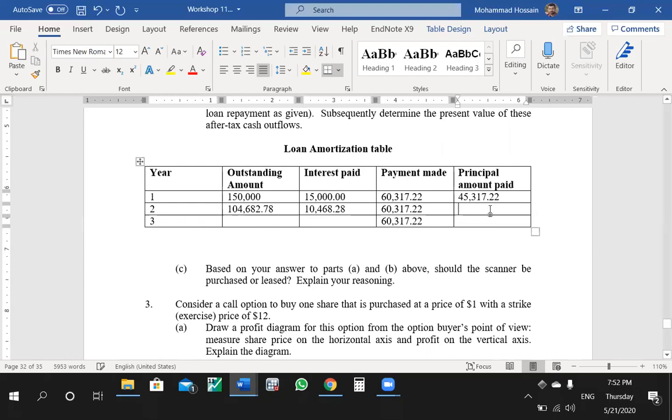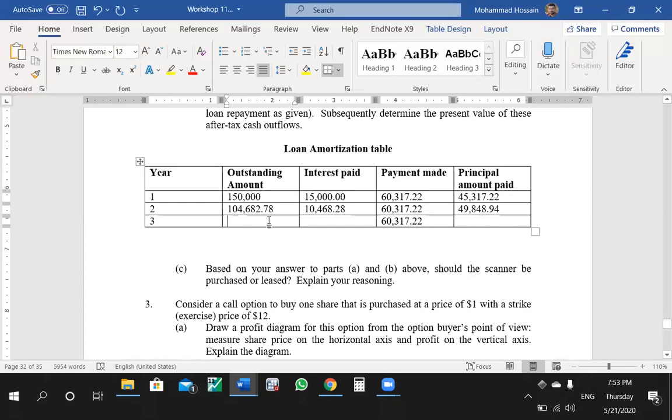And here the amount will be how much? So your interest is 10,000. You paid 60,000. The rest of the amount is your principal amount paid. How much will that be? 49,848.94. And last year, out of 104,682.78, you subtract this 49.